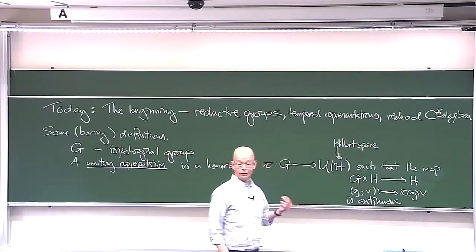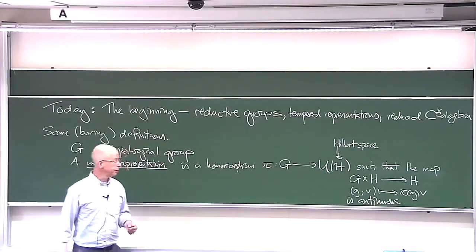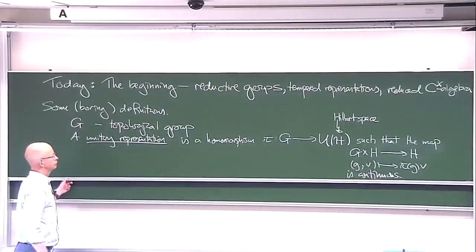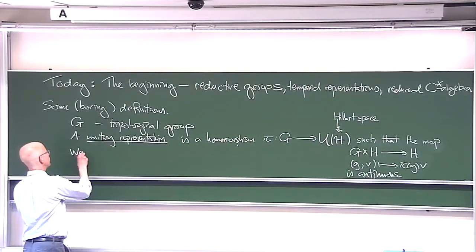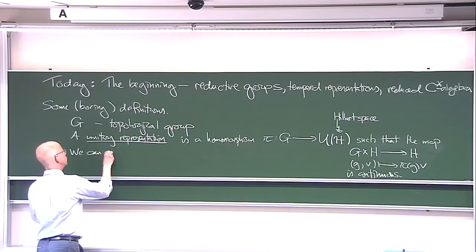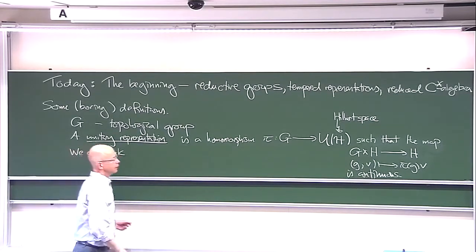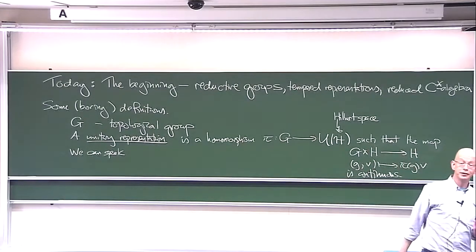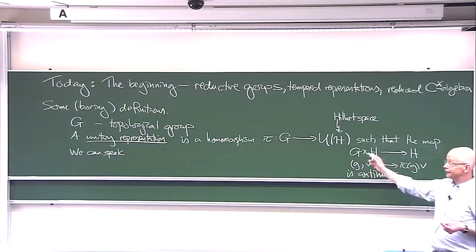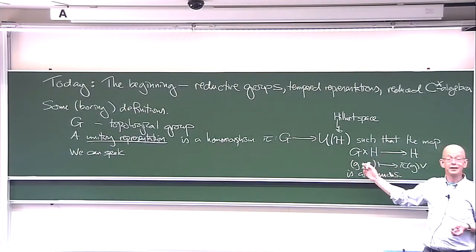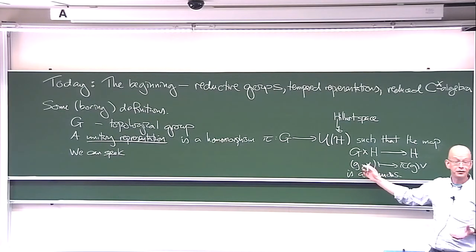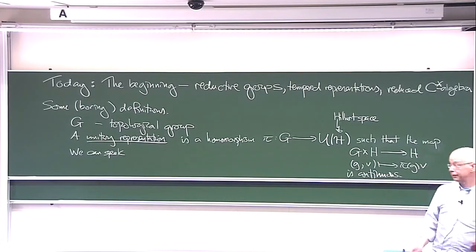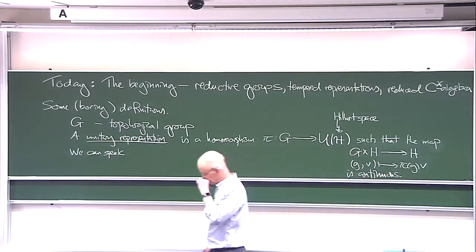So H carries its norm topology, it's a metric space, and G is a topological group. There are different ways of attempting to define continuity, and this is the only good one. There are variations on this definition, different definitions that you might try to study, but they're no good. This is the only good definition of continuity.